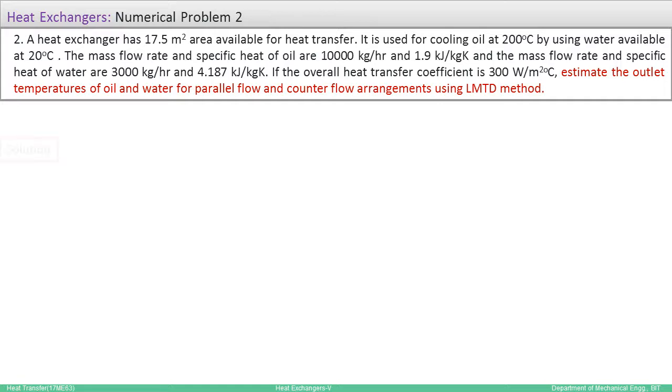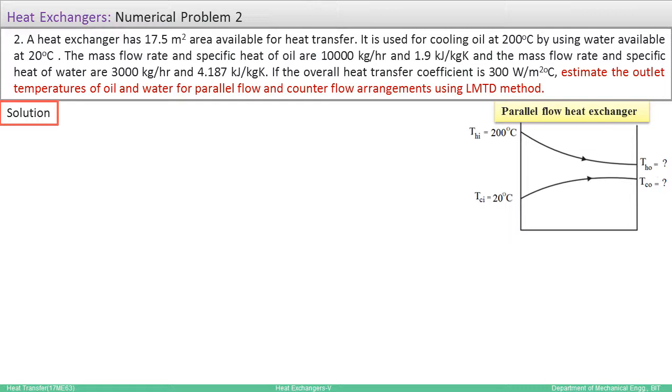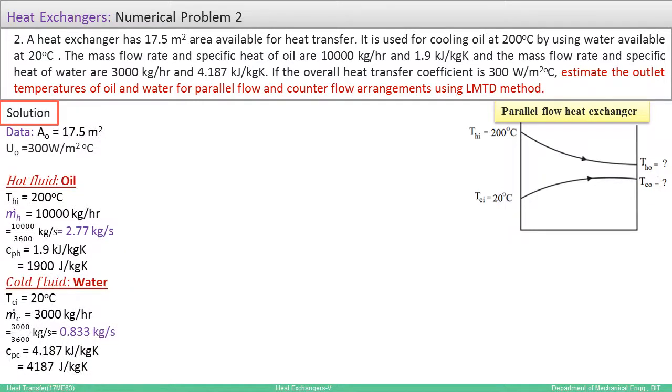So we have to list out the data first, and we'll try out the solution for the parallel flow arrangement first. So this is the variation we have. THI and TCI are known, whereas we have to find out the other two temperatures. Area is known, U naught is known.